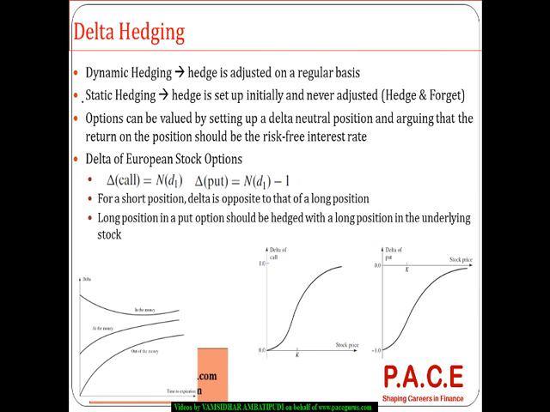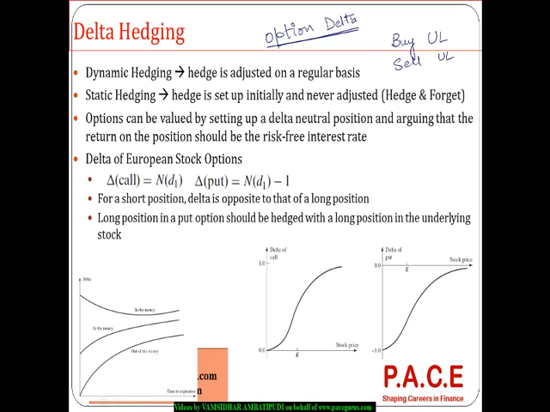This is where we talk about dynamic hedging, where on a regular basis I am trying to either buy the shares, buy the underlying, or sell the underlying depending on the option delta that I am arriving at. At the end, my intention is to make the portfolio delta neutral.